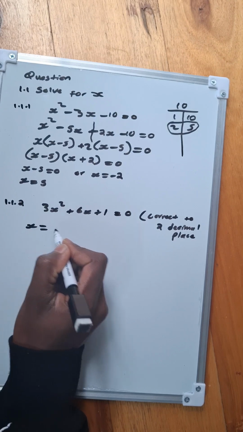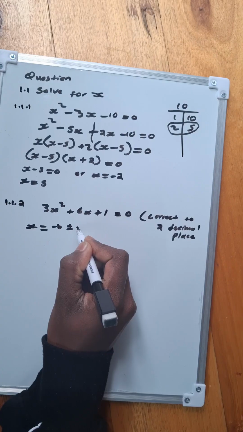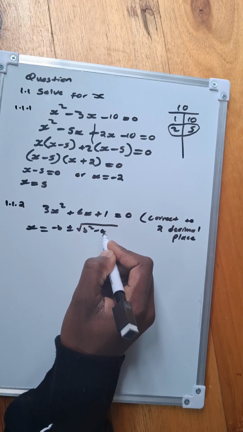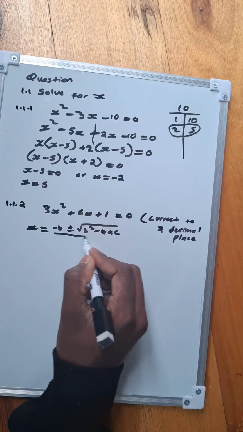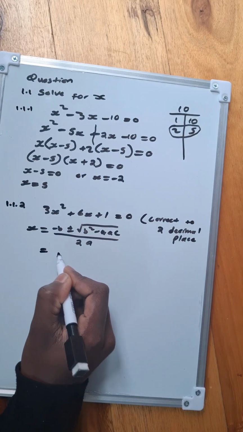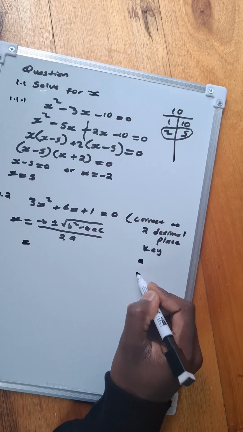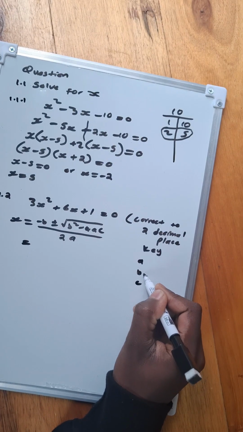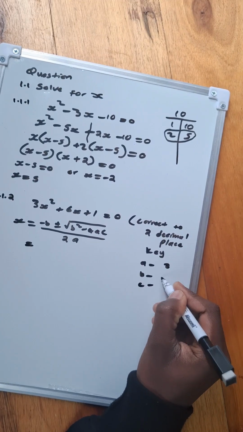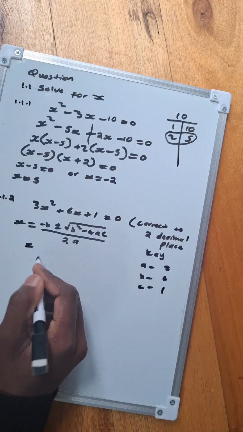The quadratic formula reads as follows: x equals minus b plus or minus the square root of b squared minus 4ac, everything over 2a. So my key here: a, b, c. My a is 3, my b is 6, then my c is 1.